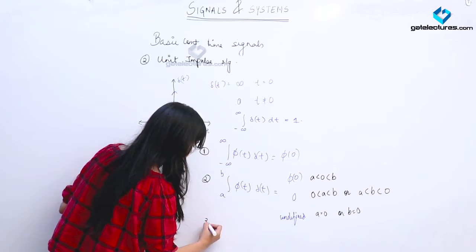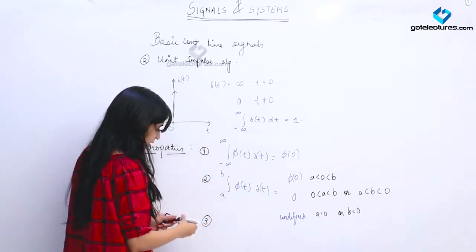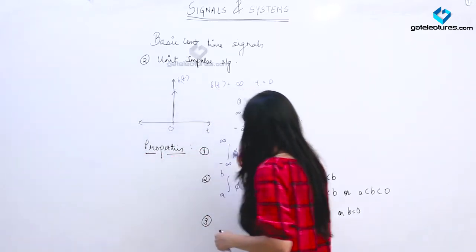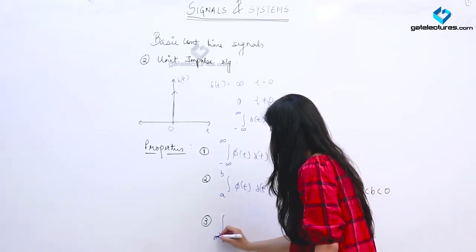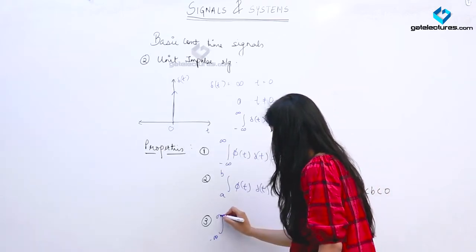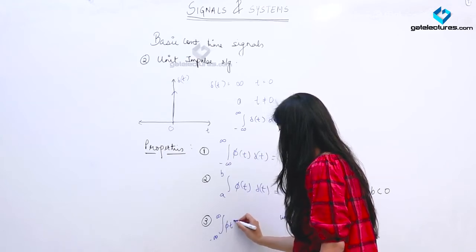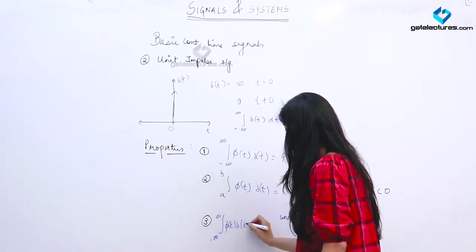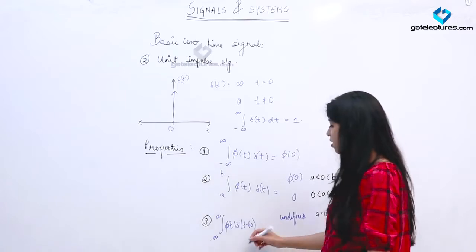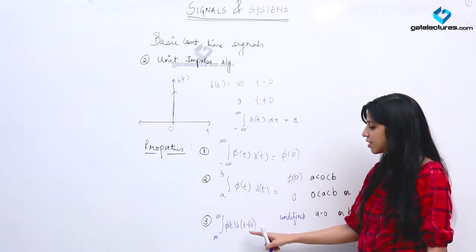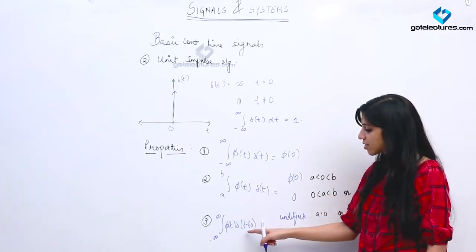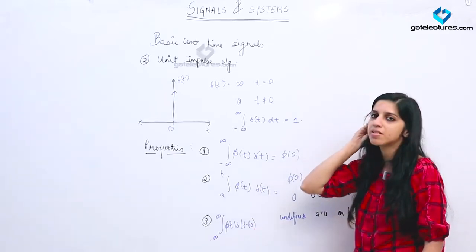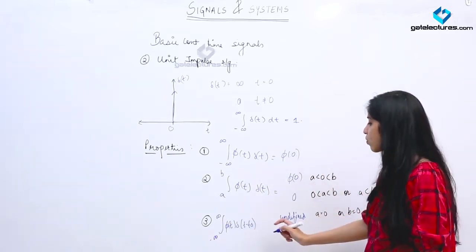The next property that you can see is, if you are taking similar kind of integral, but now what we are considering is a shifted impulse function. See, this impulse function is going to exist at a single point, which is t equal to t naught.